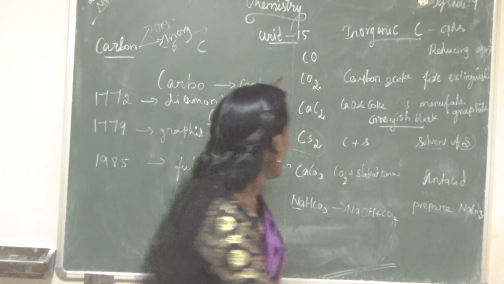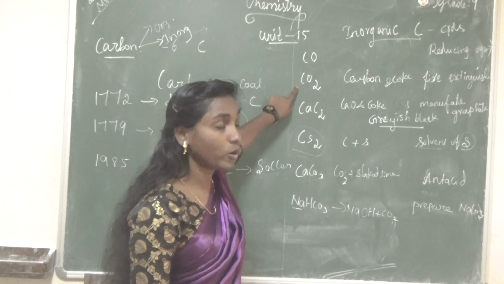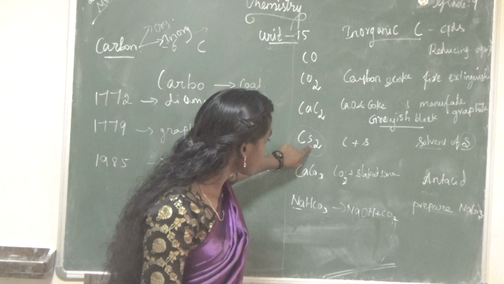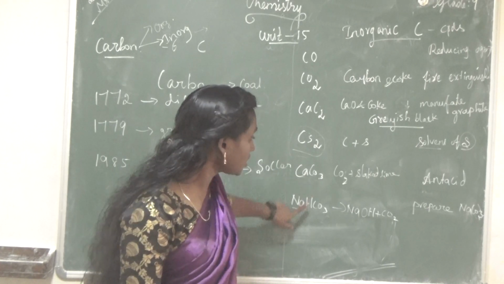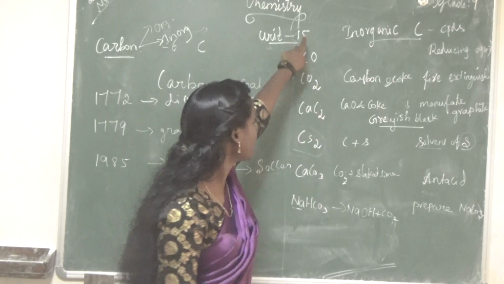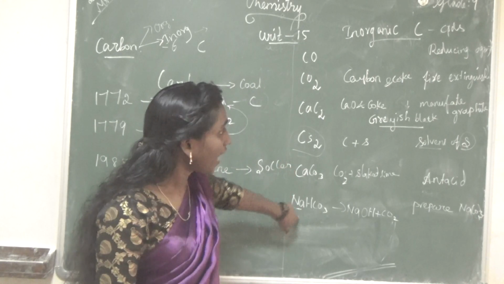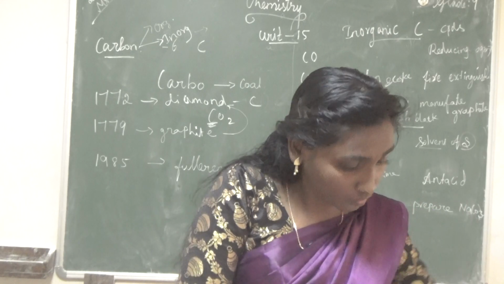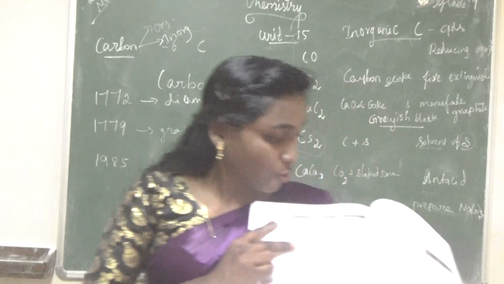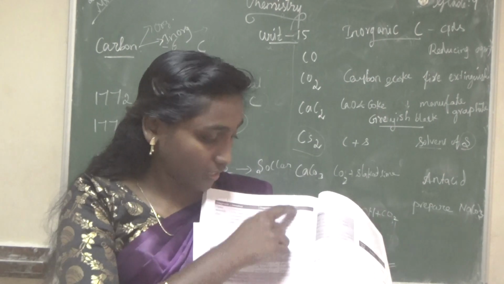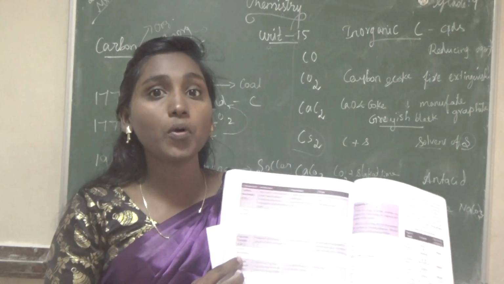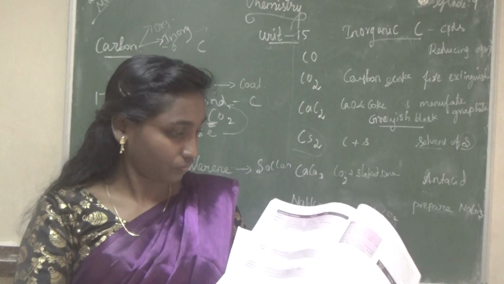What are they? Carbon monoxide, carbon dioxide, calcium carbide, carbon disulfide, calcium carbonate, sodium bicarbonate. Mark this column fully, and see the last column, uses. In each row you have to write any one use. Question: write the inorganic carbon compounds and their uses.